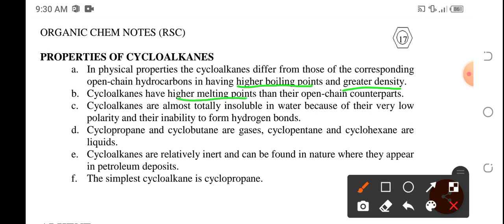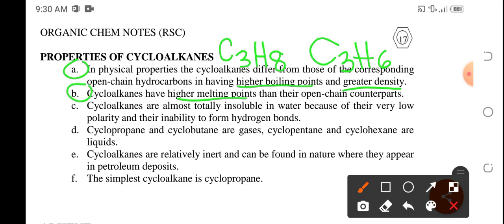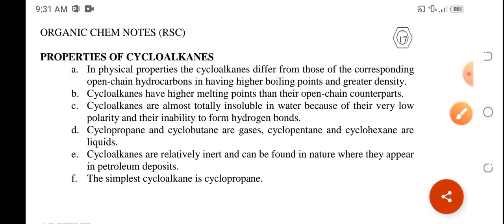So if you're going to compare propane, C3H8, versus cyclopropane, that is C3H6, the cyclopropane will have higher boiling point, higher melting point, and greater density as compared to their alkane counterpart C3H8. Kahit na parehas sila ng carbon atom, the cycloalkanes will have these properties.